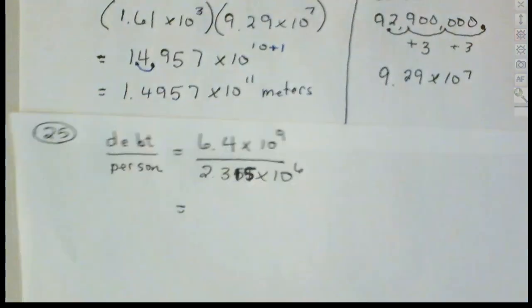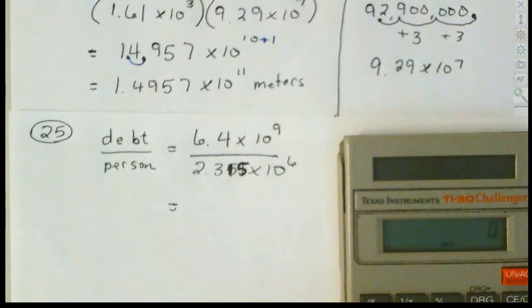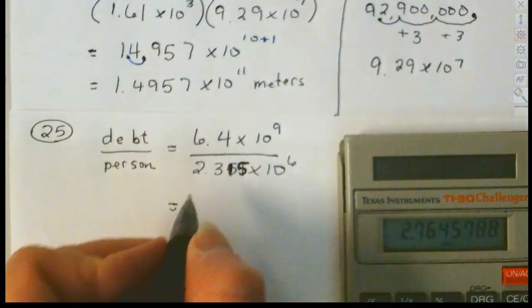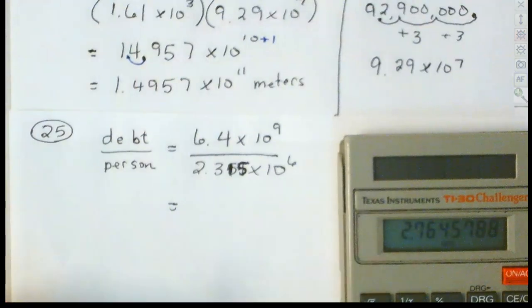Okay, now we just simply divide them out. So we'll take our 6.4 and divide that by the 2.315. We'll go 4 places, which I think will be more than enough.